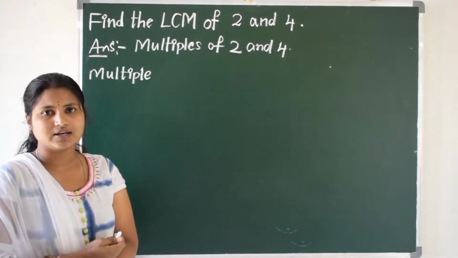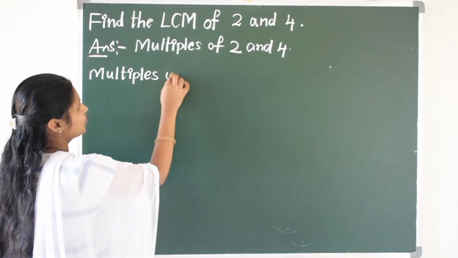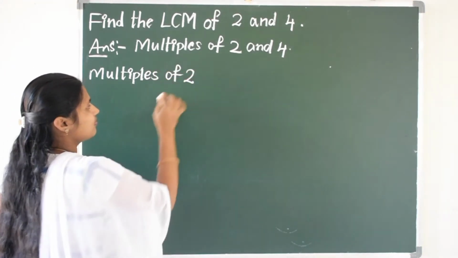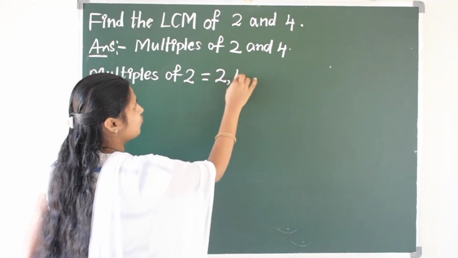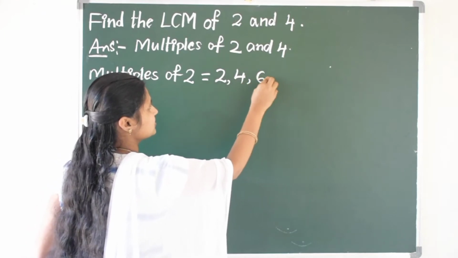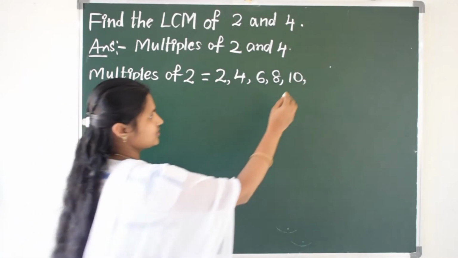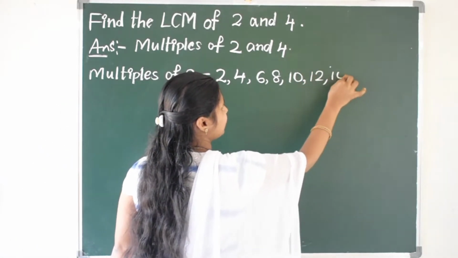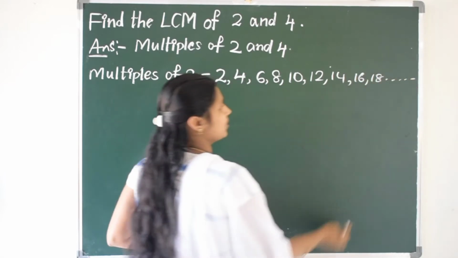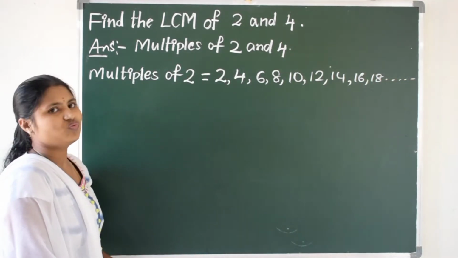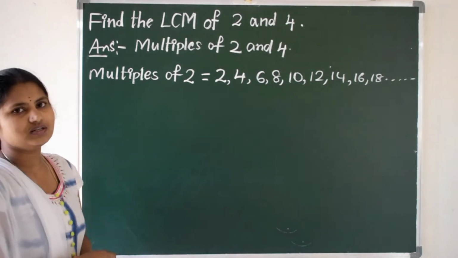I will give that link in the description. What are the multiples of 2? Yes, 2, 4, 6, 8, 10, 12, 14, 16, 18 and so on.